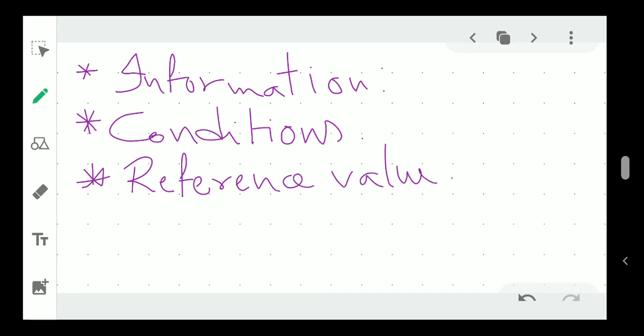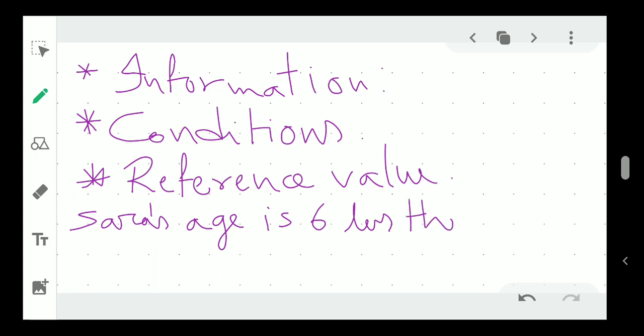Now if I give one example, let's say I am giving you one math question. Sarah's age is 6 less than twice of her father.